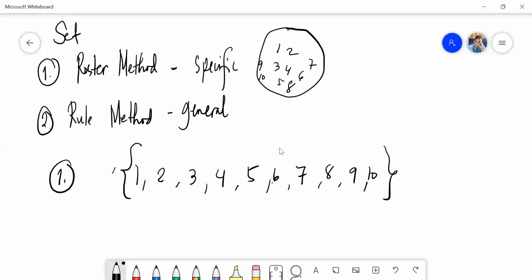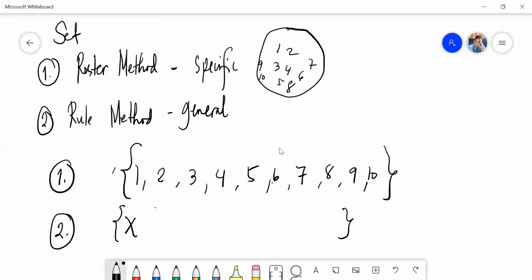Now, how do we write that for the rule method? We will just use the braces, but this time we will use a variable. Let's say we write a variable x, depending on your choice, but this time you'll have to make a rule for x, which will be described based on what the collection really is.